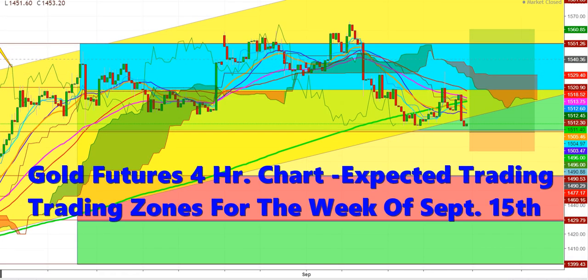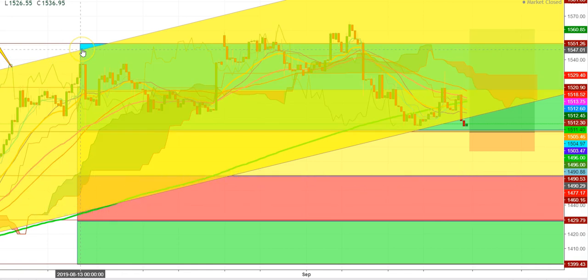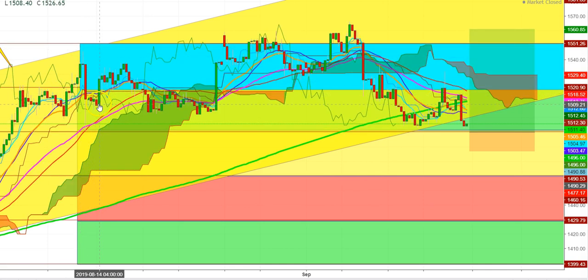So friends, this is a 4-hour time frame chart of gold futures. Here you can see that after touching the upper end of this uptrend zone, gold futures moved downward, but they have been constantly maintaining amid this bullish zone.